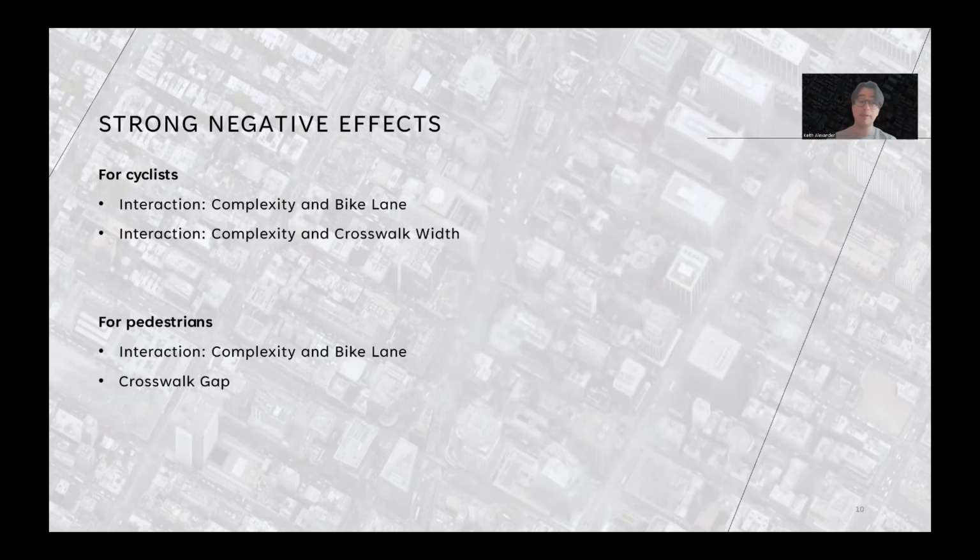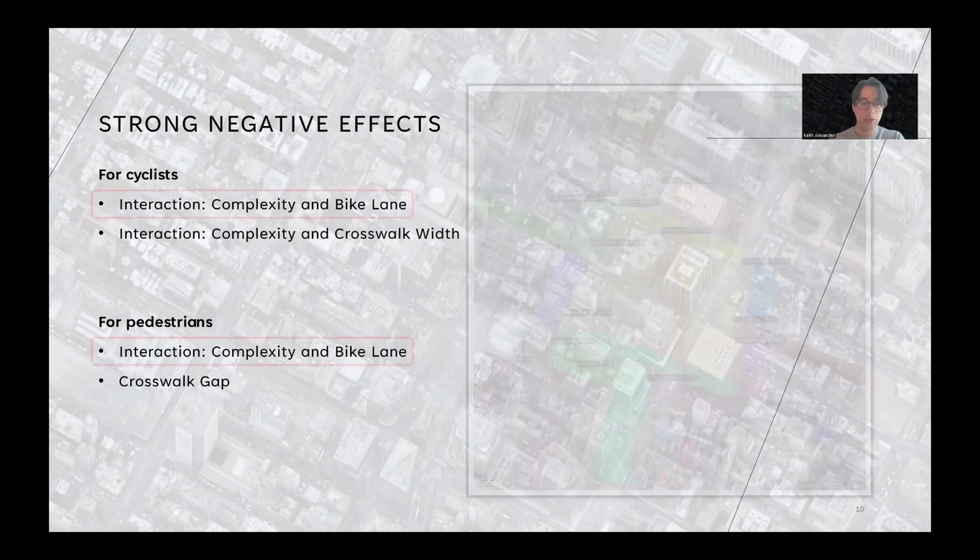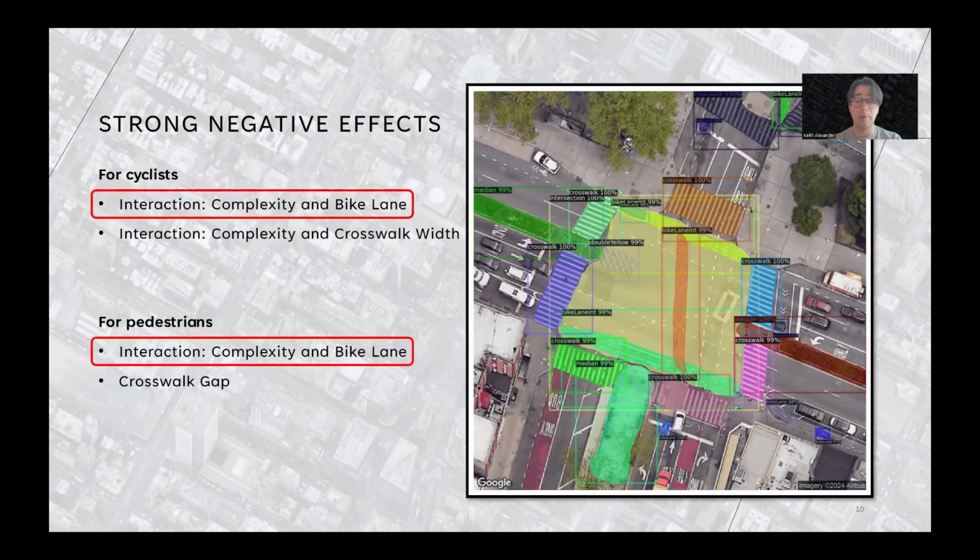On the other side, we do have some strong negative effects, and the most significant negative effects that we saw were actually interaction terms, which are a bit more difficult to interpret, but do provide some important context for the effects we saw previously. So for both cyclists and pedestrians, we see that the interaction between the complexity index that we discussed previously and the presence of bike lane signs actually has a negative effect.